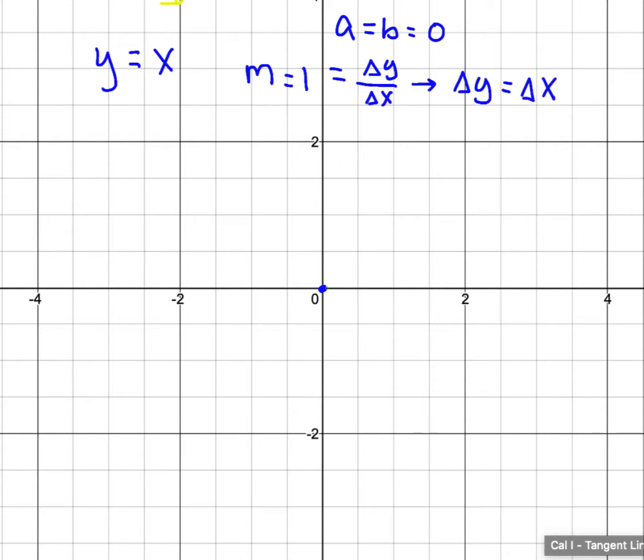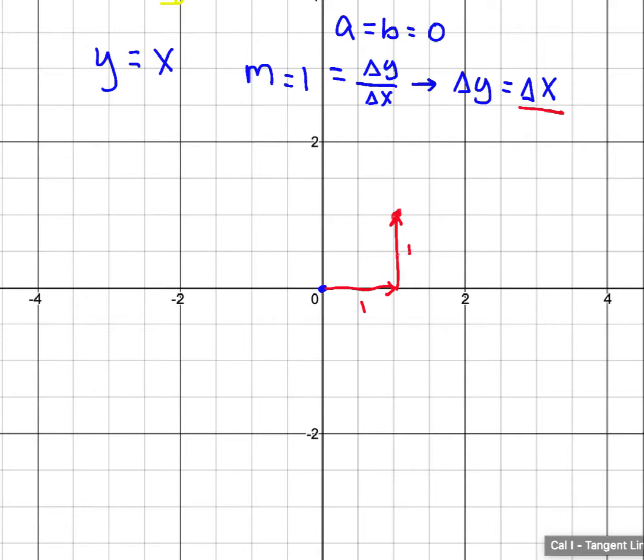So starting at (0, 0), this says if I move in the x direction any amount, say I move 1 unit in the x direction, so I get to here, then I would have to go 1 unit in the y direction to get to another point.